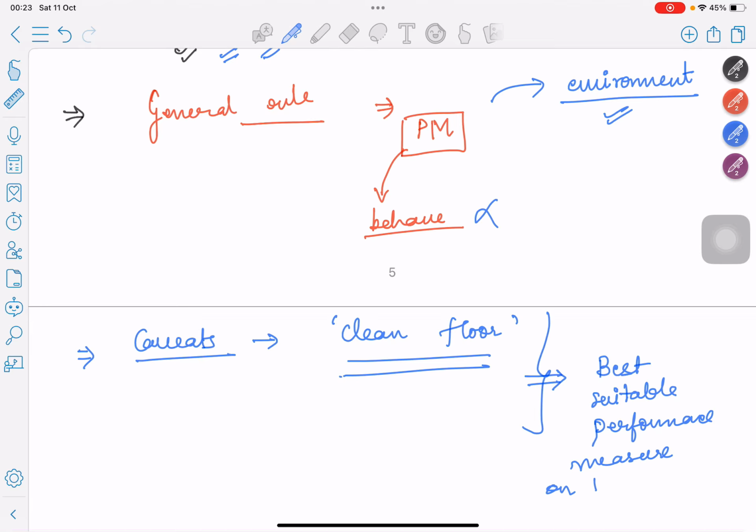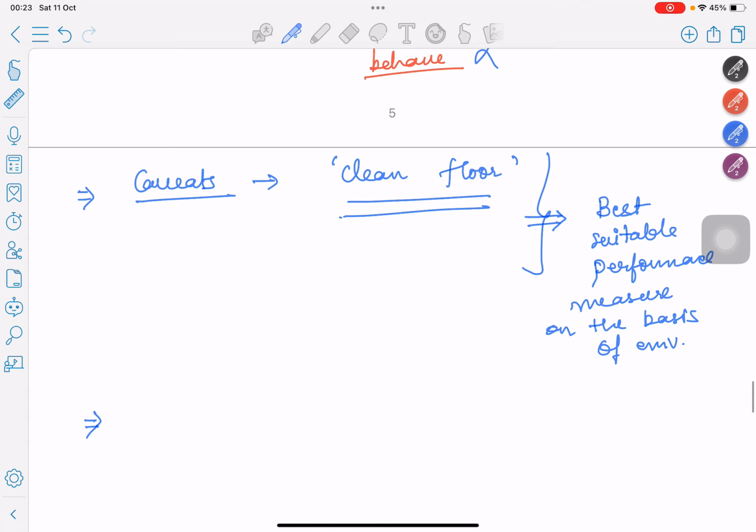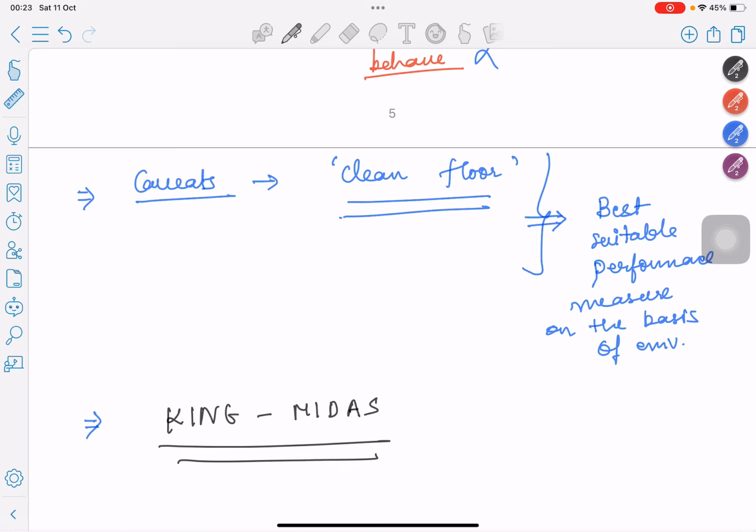On the basis of environment. Okay. I think by this time it has been clear what the performance measure usually means. But I started this topic with the name known as King Midas. And why am I telling this? Why is this known as the King Midas problem? It is that we should accept the possibility that we might put the wrong purpose into the machine.